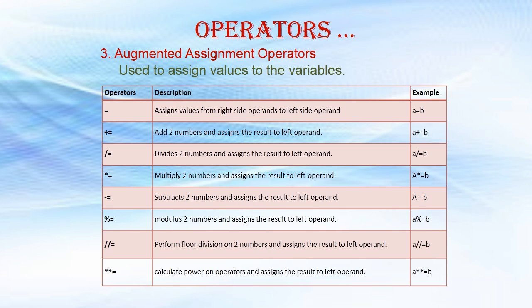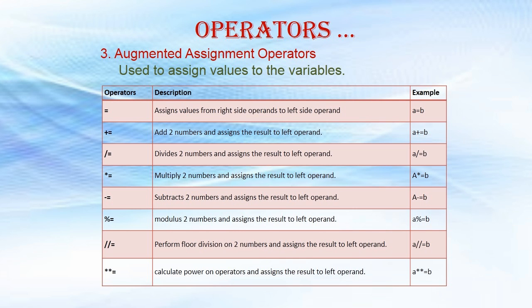Then a += b means first it will add the values of a and b, then save the value in a. Now a /= b means first it will divide a by b and then save the value to a.